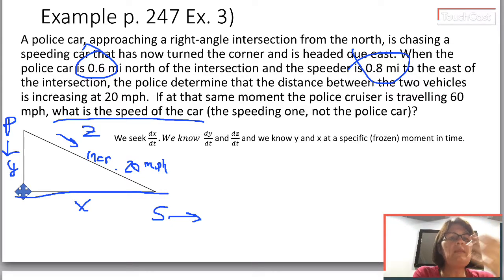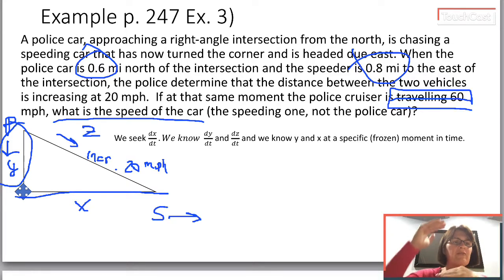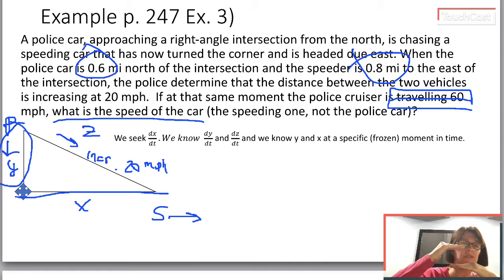So, how is this going to help us? We know dy/dt because we know how fast the police officer is traveling. So dy/dt is how fast y is, I'm assuming, decreasing, right? Because the police officer is getting closer and closer to the intersection. So how fast is that distance between the police car and the intersection decreasing?